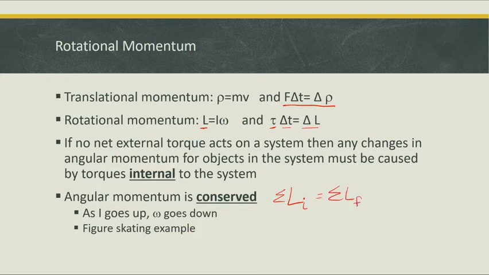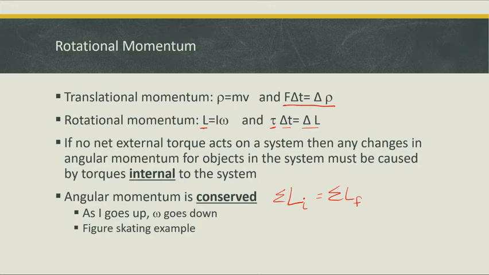Now this is really important because if you've ever watched figure skating and you watch them spin, they have their arms out. And when they bring their arms in, they are speeding up. They're increasing their angular velocity because they're decreasing their radius.